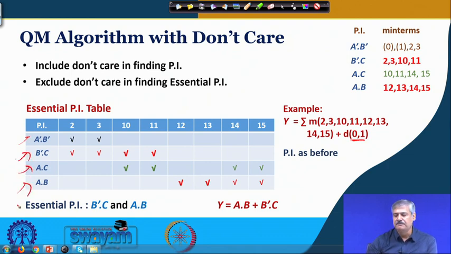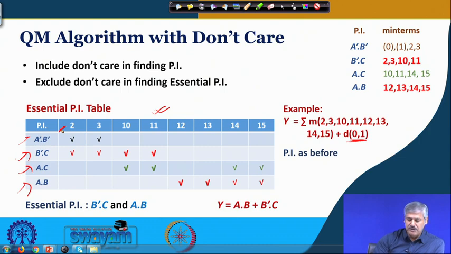By the same method. Now, in this example, because 0, 1 need not be covered, as they are do not care, 0, 1 is excluded. You see 0, 1 is not over here; we are starting from 2, 3, then 10 to 15.